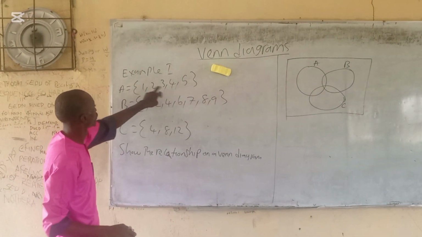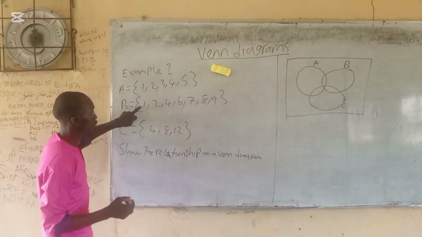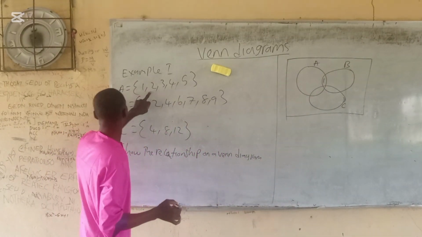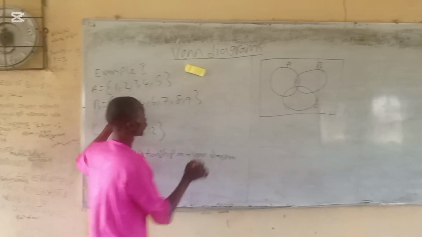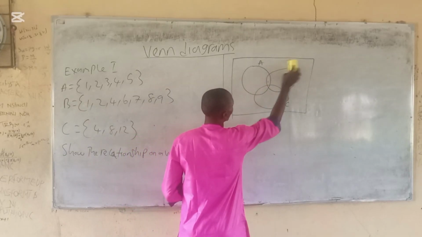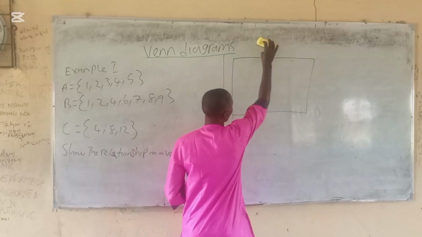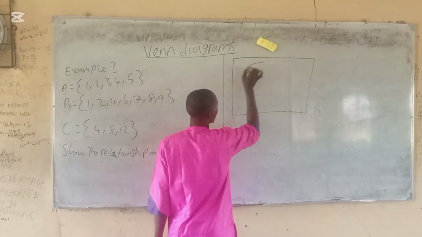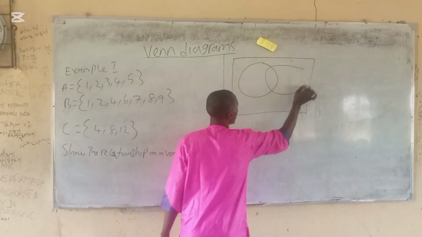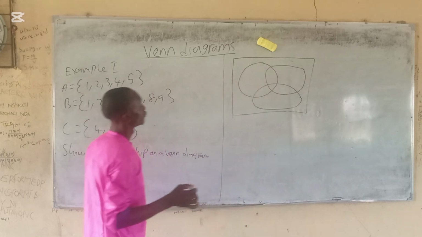Set A has 1, 2, 3, 4, and 5. Now B has 1 also, so the 1 should be here, in A and B. I think we have to draw it bigger.